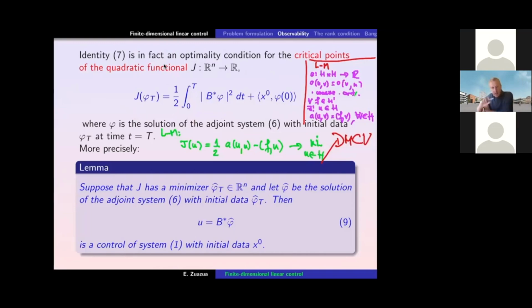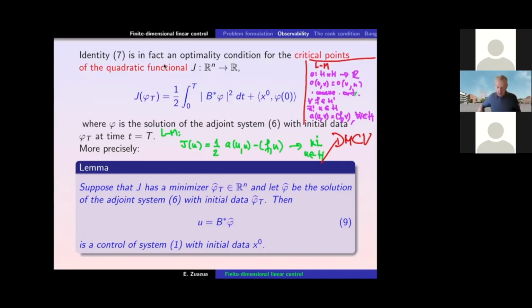So this is where you start seeing how, out of a control problem that is formulated in the space of the state X and the control U, the problem becomes, by duality, translated into the adjoint world, in which now there is no control anymore, and it's just about minimizing this functional on the space of solutions of the adjoint system.